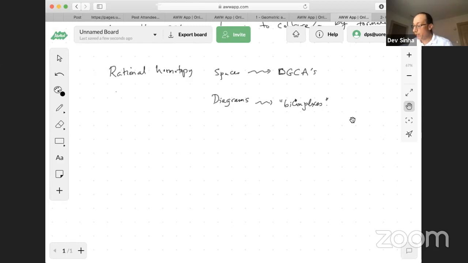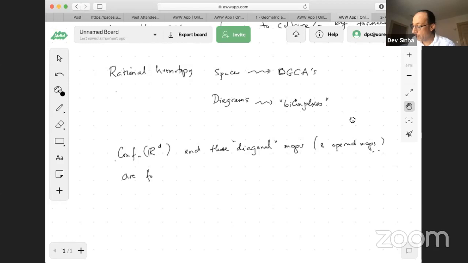So let me indicate this remarkable fact. Both the configurations of endpoints in R^D and these diagonal maps which occur, in fact, all operad structure, are formal in the rational world.